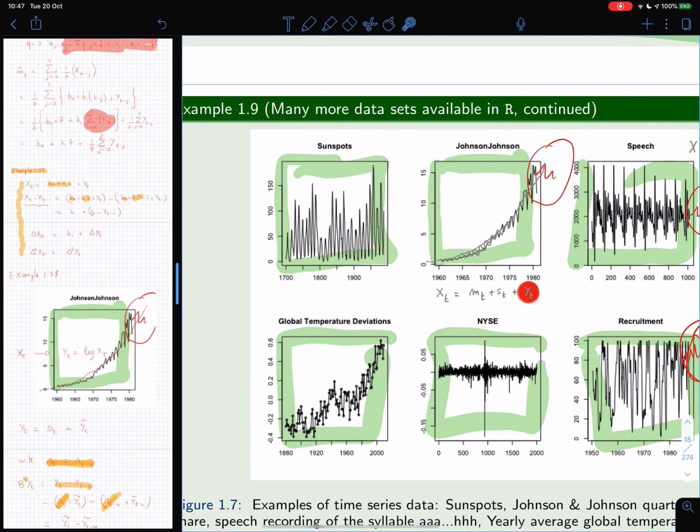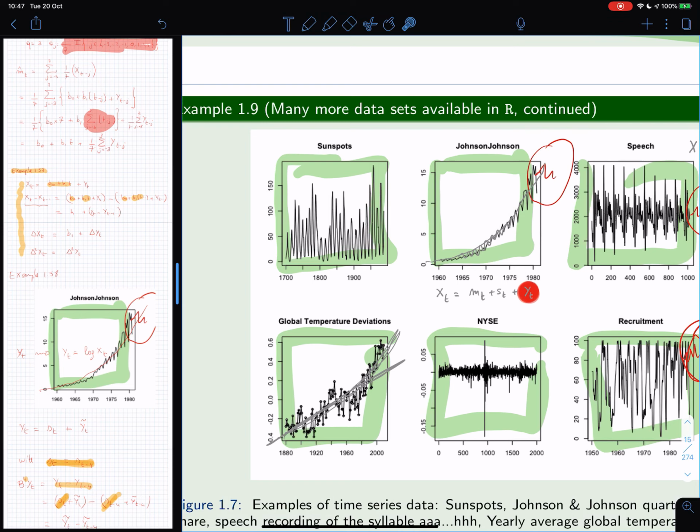Same thing here, we clearly have some upward trend, looks more linear in this case, but we also have swinging behavior. Well, I'm saying it's linear, but it actually doesn't look so linear. It looks to be becoming exponential.